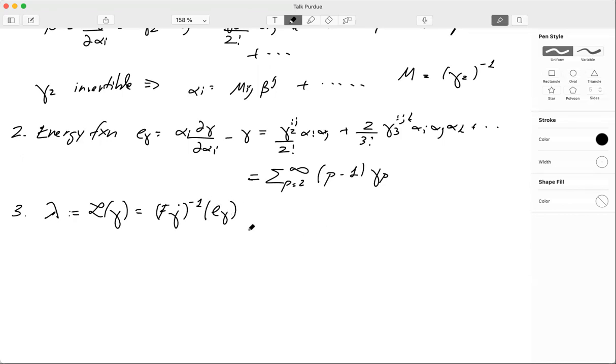Right, so what I mean by this is you first take this expression, and then you replace alpha I by the expression we deduced before, alpha I equals M ij beta j, etc. And then you get some expression in terms of betas. There's going to be some lambda 2 ij beta I beta j plus lambda 3, etc. So you get some form. So this is something that maps between a polyvector field and a form.